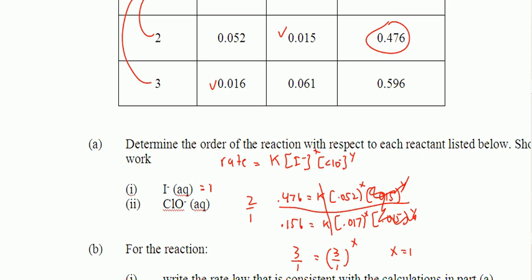For ClO, we're going to do it similarly, but we're going to use 3 and 1.